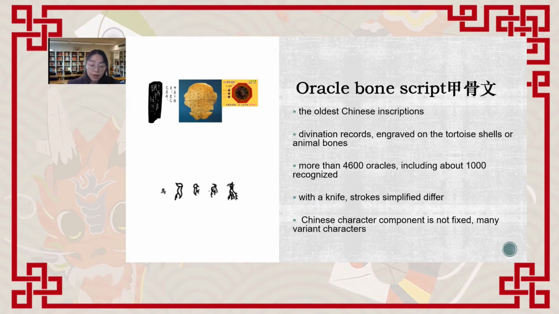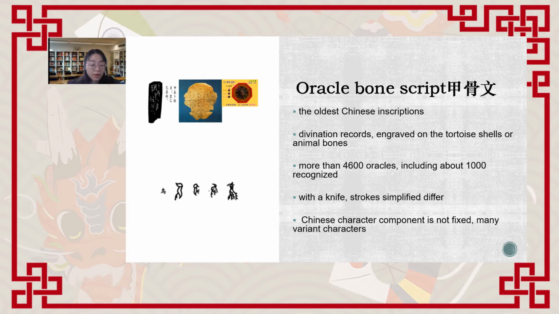So what is oracle bone script? Oracle bone script is carved by a knife. Very little is written. Because words were not unified, many words could be written in different ways, and strokes were simplified differently. Chinese character components were not fixed, and there were so many variant characters.